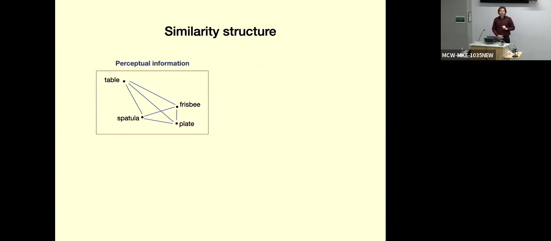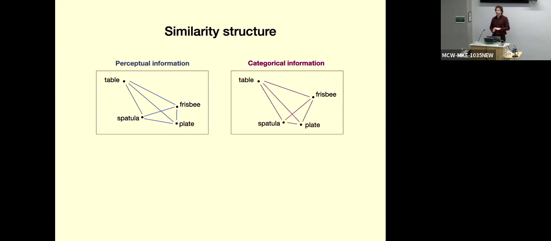So in this case, if the brain is making that judgment based only on perceptual information, you would find that the word plate and the word spatula are more similar to each other than they are to the word table, because they share more sensory motor properties. You can grab a plate, you can grab a spatula, you can't grab a table. They are different sizes. Plate and frisbee are very similar because they have similar sizes, similar shapes, and you grab them about the same way, even though they're different categories.